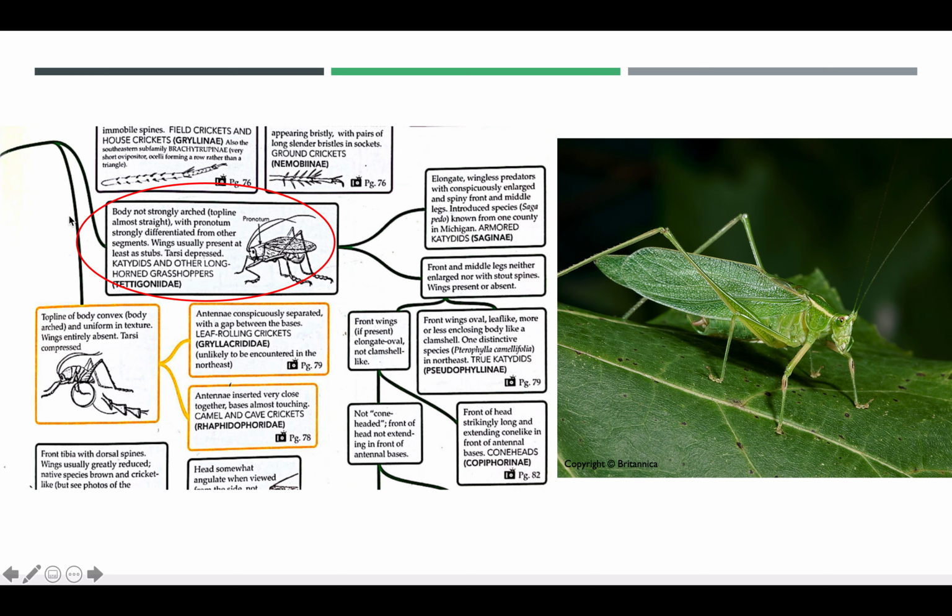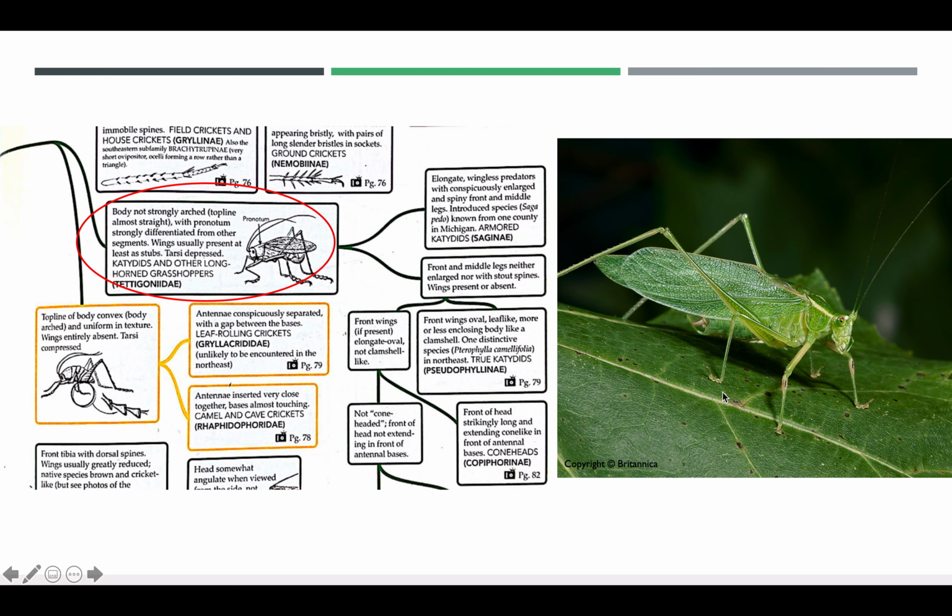So here, you'll find that the body isn't strongly arched compared to this image over here where it's really convex, very arched. And the wings are present. You'll see some wings present over here. And again, if you took a look at the tarsi, you'd find that they're shaped in a certain way.